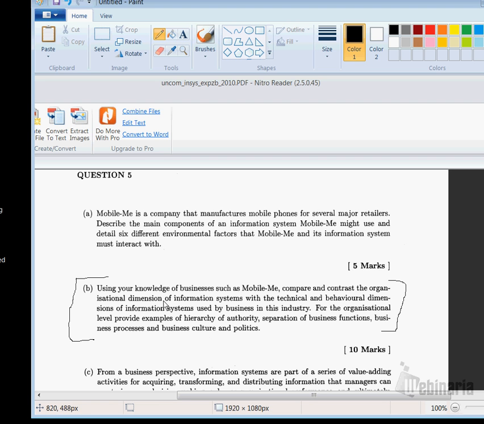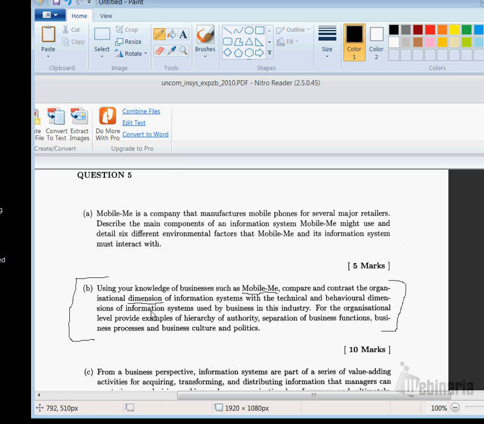So, using your knowledge of a business such as MobileMe. Now, MobileMe is a fictitious company that is in the exam paper, and you're asked to compare and contrast the organizational dimension of information systems. So we see the keyword there, dimension.